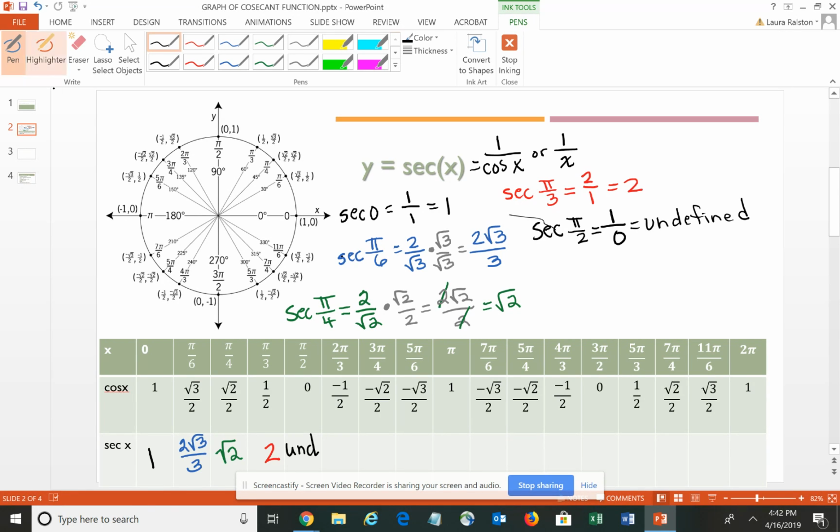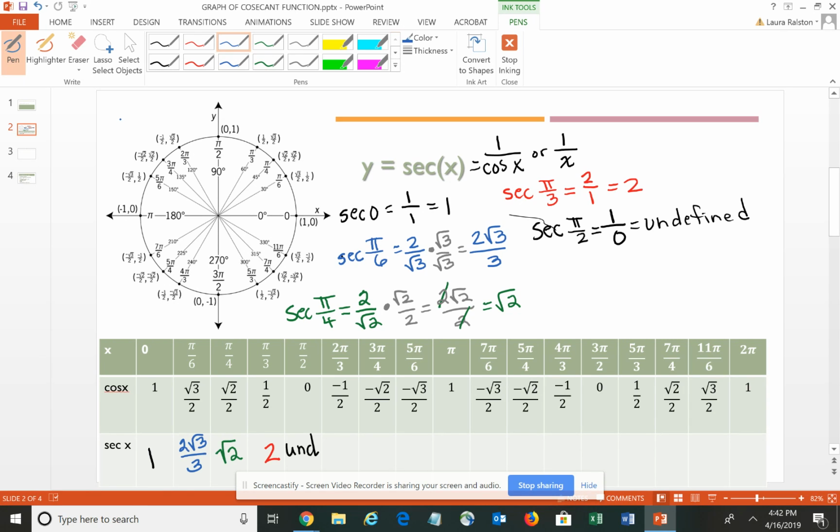And so once we get that first quadrant, we can use that, because we know that every sixth is going to be 2 square root 3 over 3, every fourth is going to be square root 2, and every third is going to be 2. We just alter the signs, S-I-G-N-S, based on the quadrant we're in.